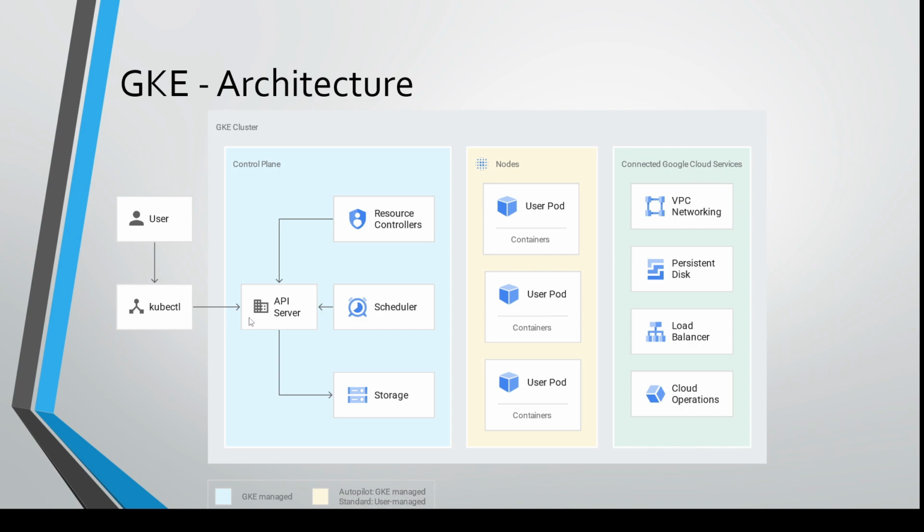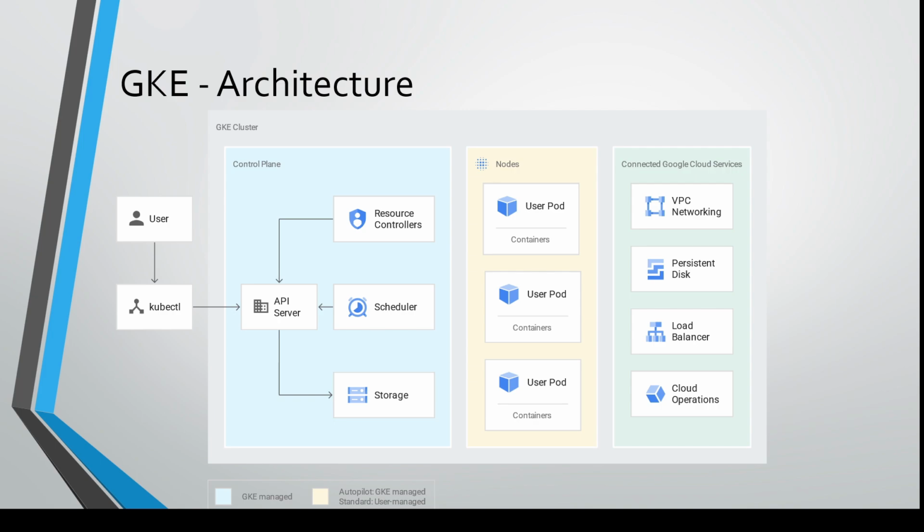Now coming into the GKE architecture itself, the components that are part of the GKE environment, right? Let's start with the control plane. In the control plane, we have the API server. The API server is the main service that you interact with when you would like to talk to a Kubernetes cluster, right?